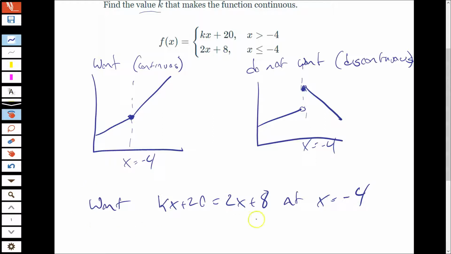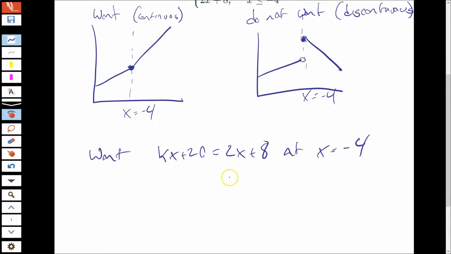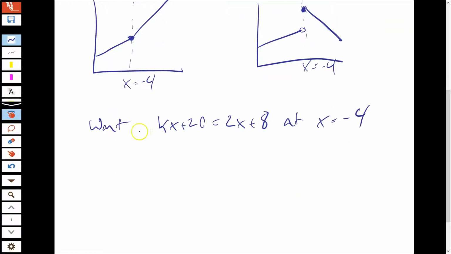I think writing this in your work is super helpful because it's a different type of problem. We're taking two things and stating what we need to be true, and then figuring out what number makes it true. So it's different than just solving an equation. This is actually some of the first calculus type reasoning you're doing here.